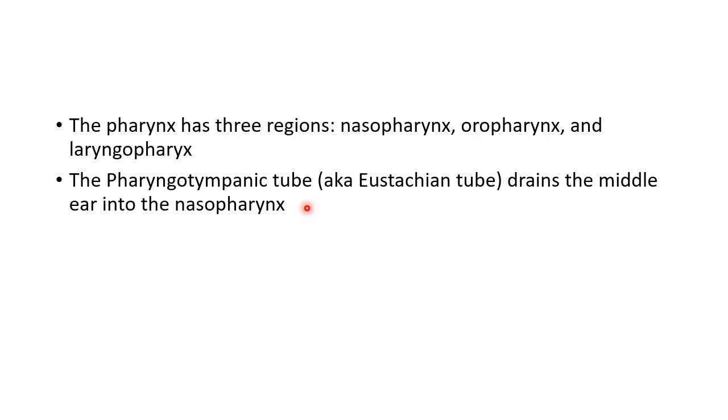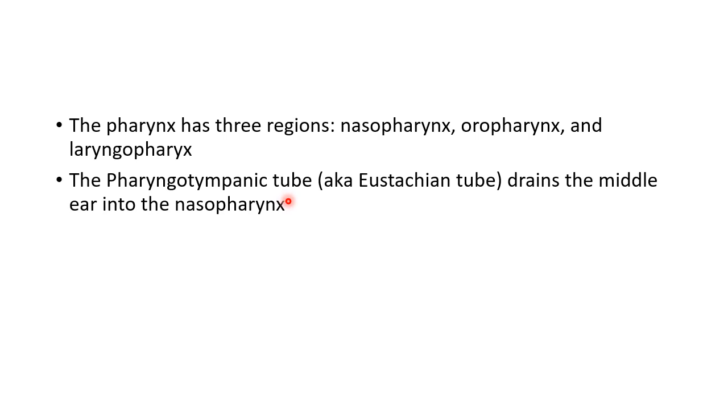There is a particular structure which connects the middle ear into the nasopharynx. And so you have to understand that from this structure, there is a physical connection between the throat and the ear. This is your eustachian tube, or otherwise known as the pharyngotympanic tube.